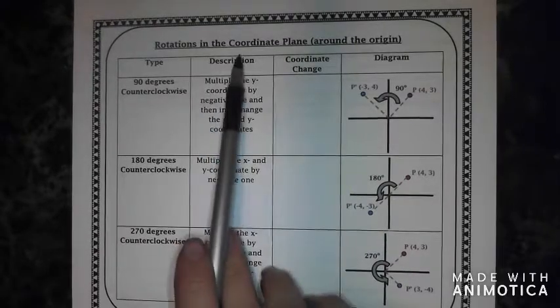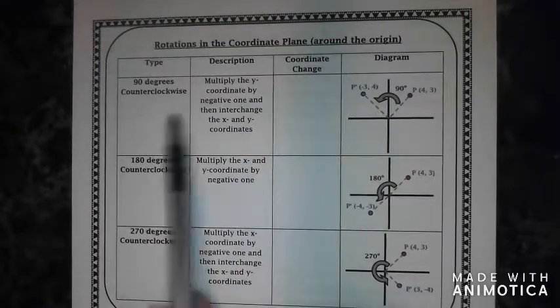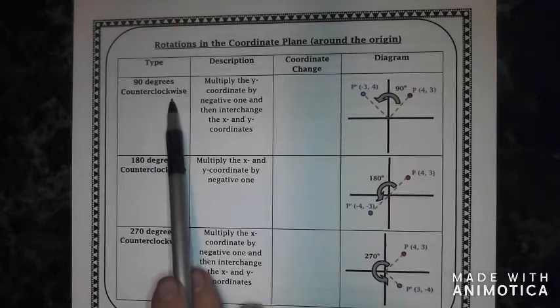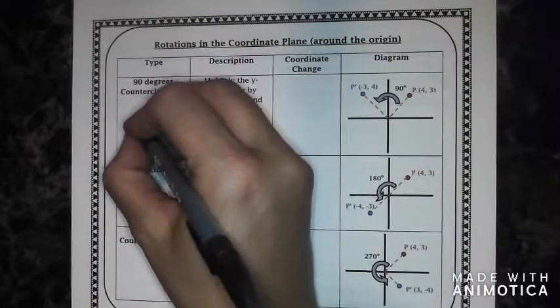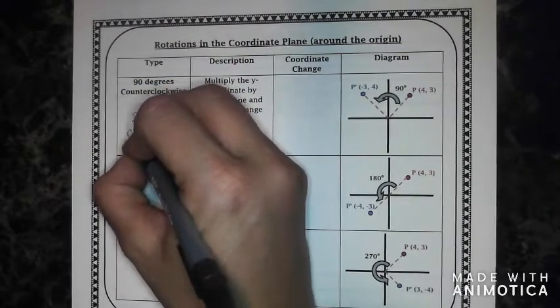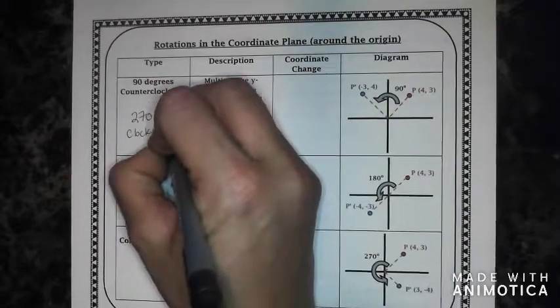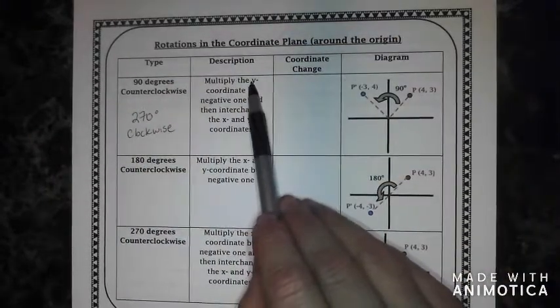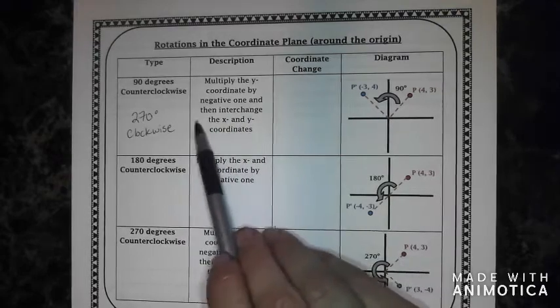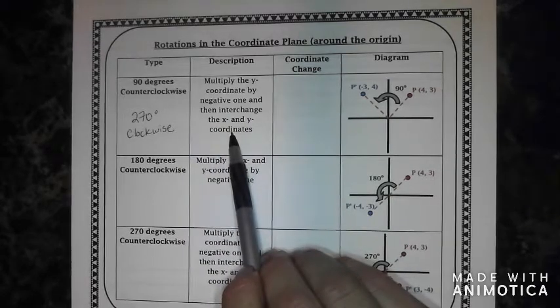So rotations in the coordinate plane around the origin: 90 degrees counterclockwise, which is the same as 270 degrees clockwise. You multiply the y coordinate by -1 and then interchange the x and y coordinates.